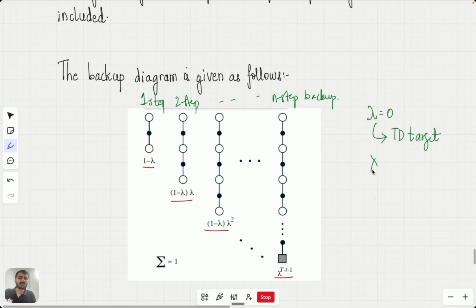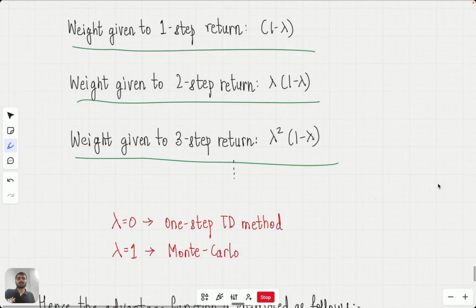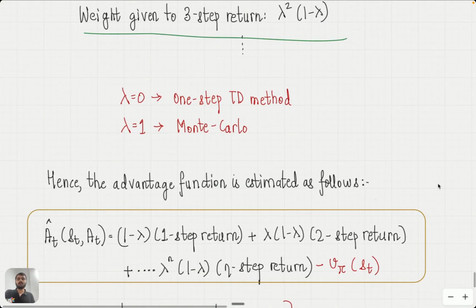But if lambda is equal to 1, then all of these terms will become 0 except the final return, which becomes the Monte Carlo target. So the final expression looks like this, where the advantage is given by 1 minus lambda times the one-step return plus lambda times 1 minus lambda times the two-step return, plus and so on, lambda raised to n minus 1 times 1 minus lambda times the n-step return.